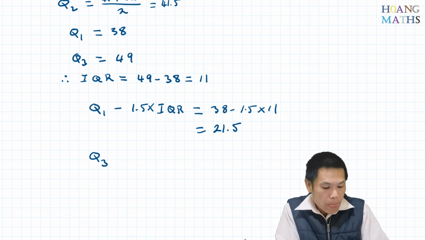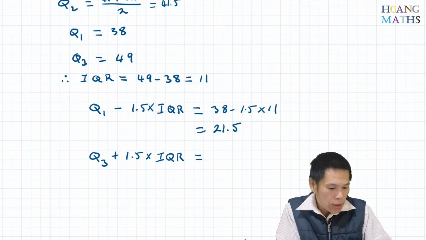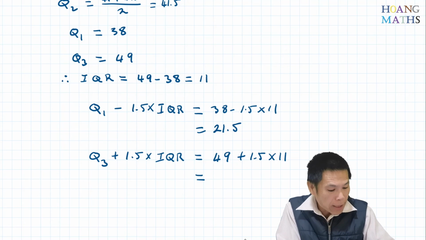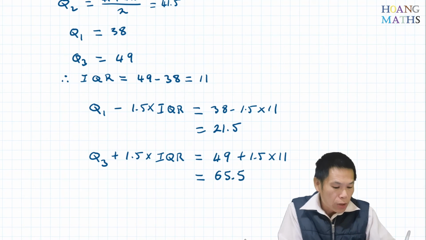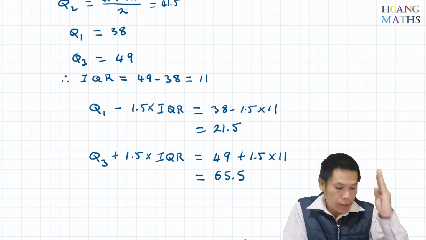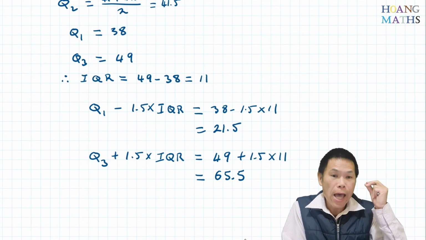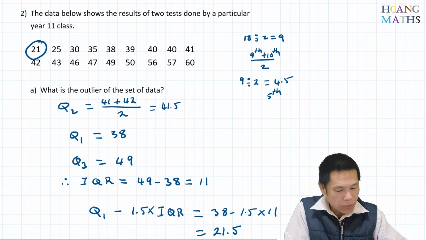Now Q3 plus 1.5 times the interquartile range. Q3 is 49 plus 1.5 times 11. If you put that in a calculator, you should get 65.5. So any score above 65.5 is an outlier.